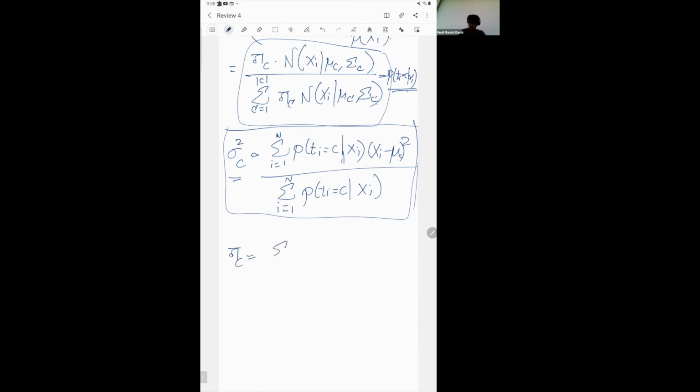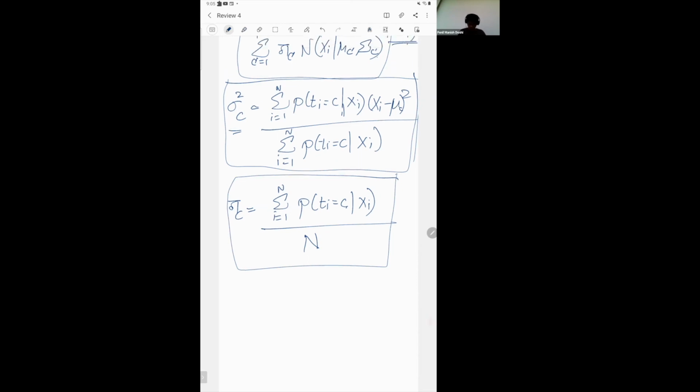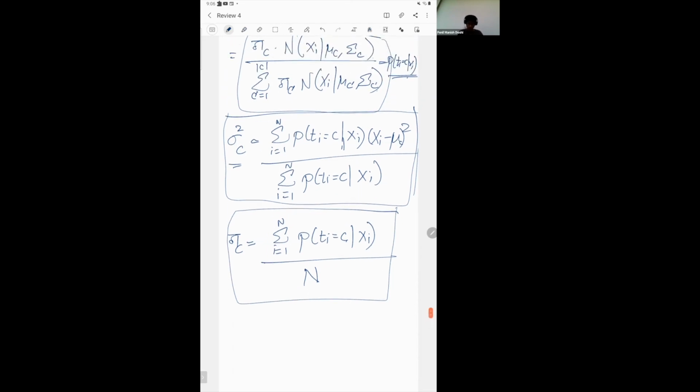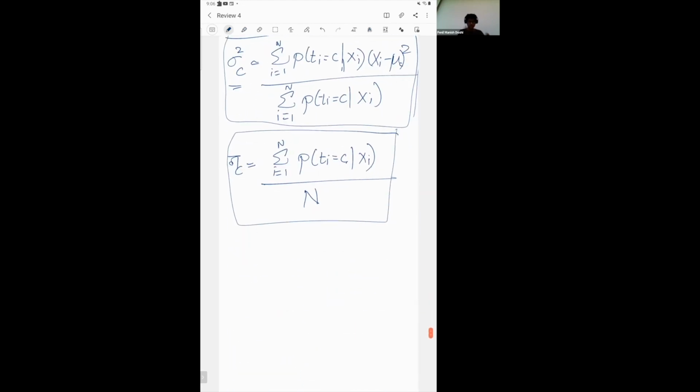Pi of C is simply, so yeah, go to all the data points, and pi of C is kind of the probability of your random variable taking the Cth value.